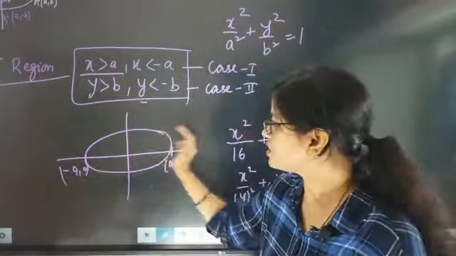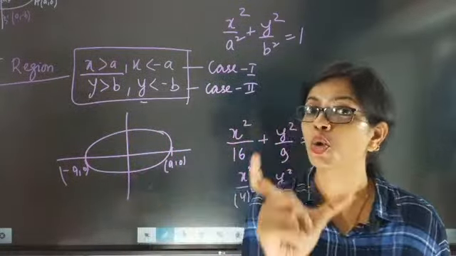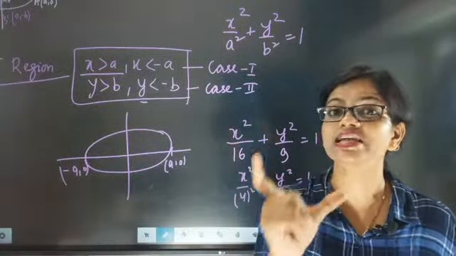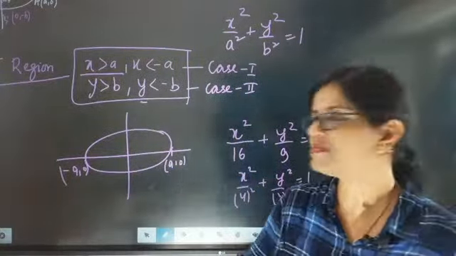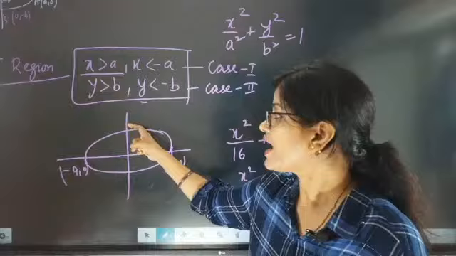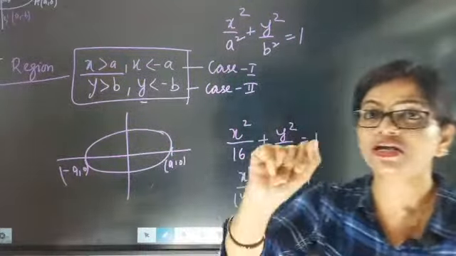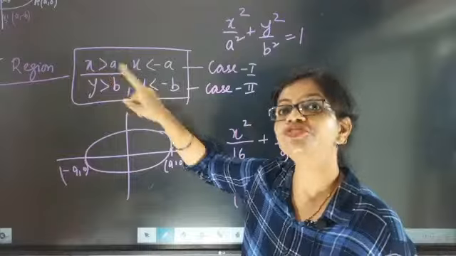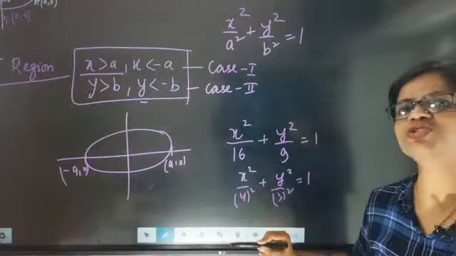So there is no curve region. It's a closed curve. I am repeating, it's a closed curve, and the maximum and the minimum is exactly minus a to a and minus b to b. So this much only is there, but this condition they have kept and asked you to check. So we are going to put the value of x as 25.